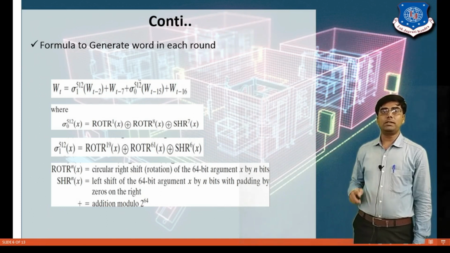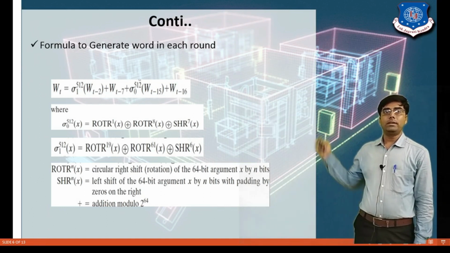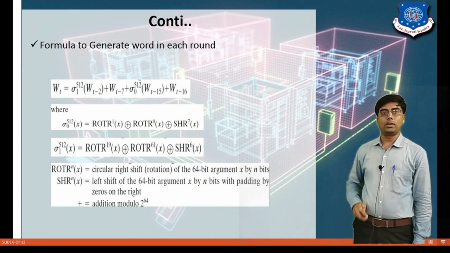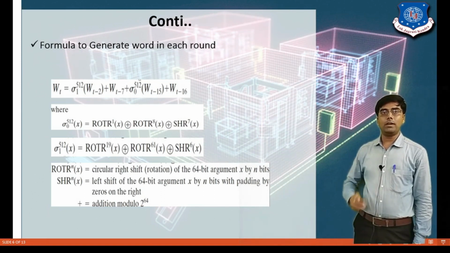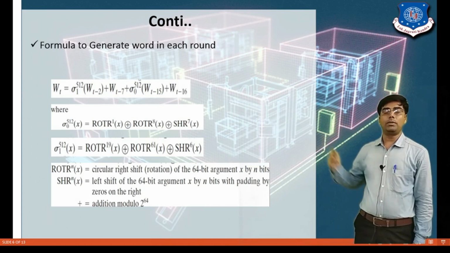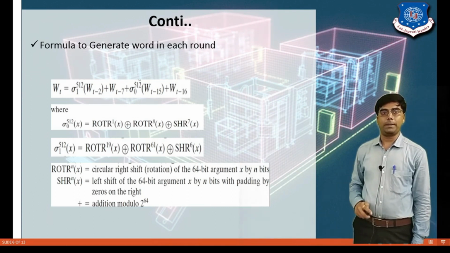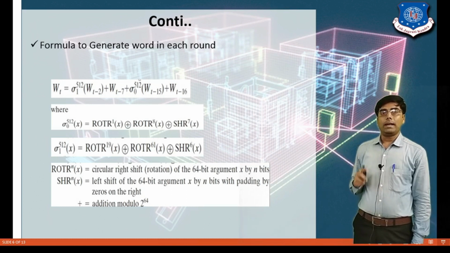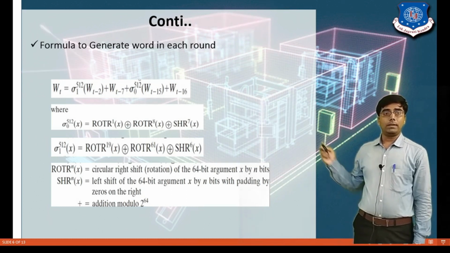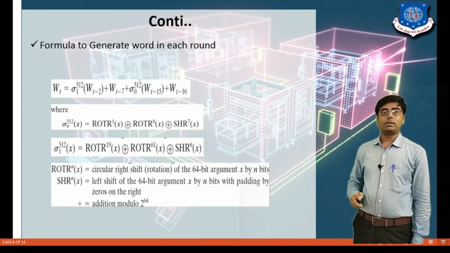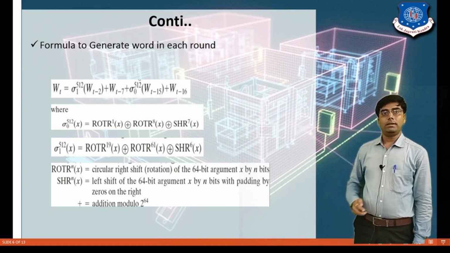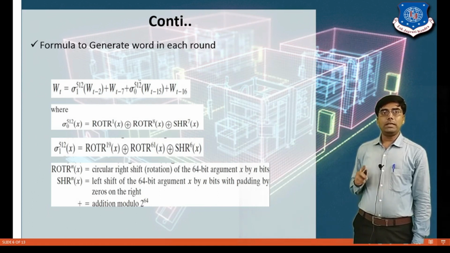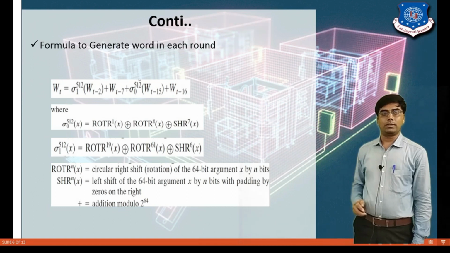So this is the formula to generate sigma 0 512. This is used to generate the words from W16 to W79. And second, there is the same kind of formula for sigma 1 512 inside bracket x. In each and every round we will use this equation.